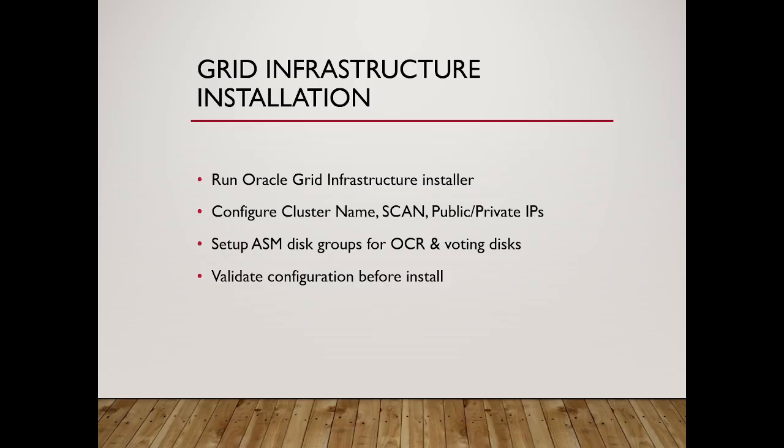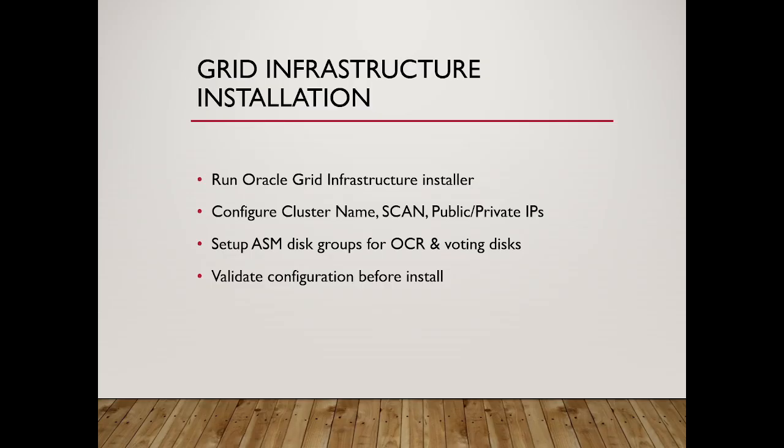So here is our grid infrastructure installation. We will run the Oracle grid infrastructure installer, and we will configure the cluster name, scan name, and public and private IPs, and we will set up the ASM group for OCR and OTDs. Although we are just going to configure a single disk here for all things like data files, OCR files, OTDs, and many more, because this is a test environment.